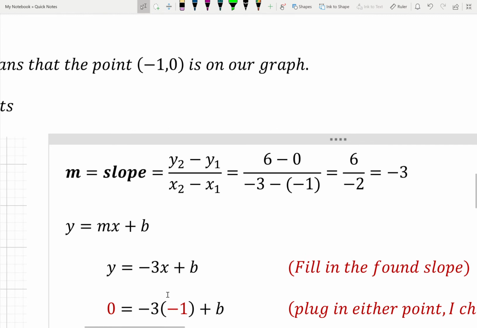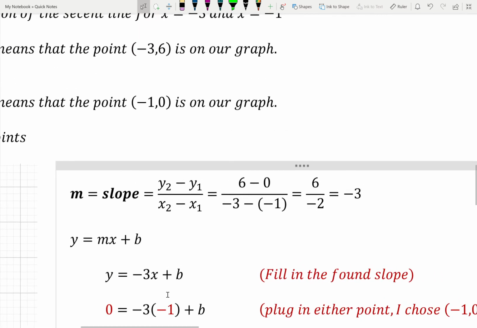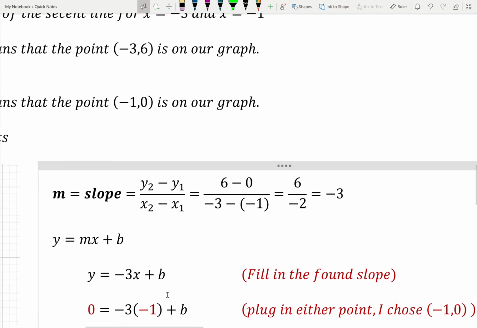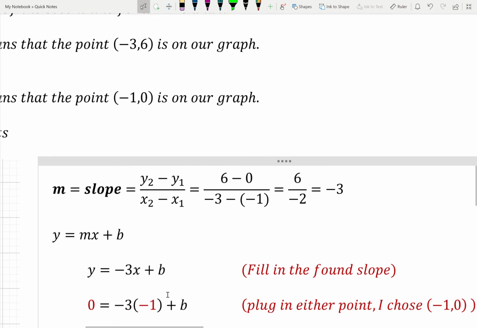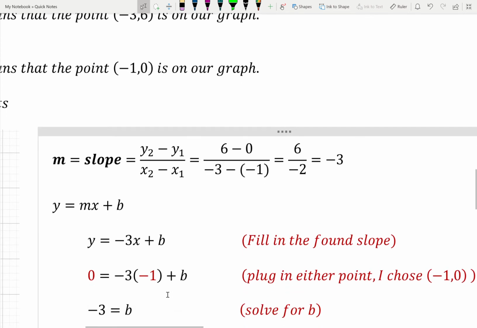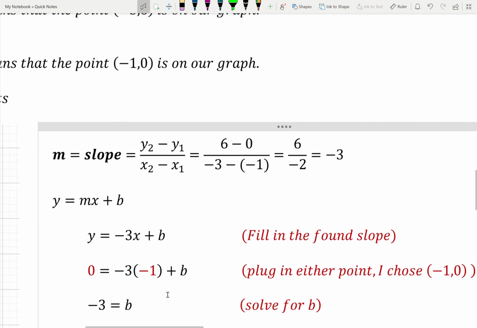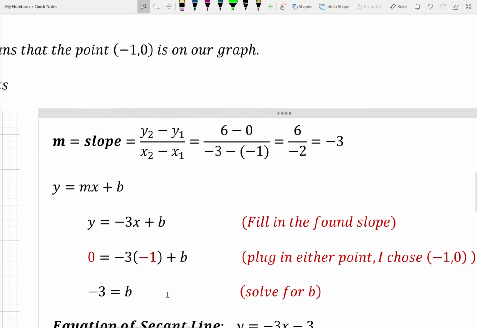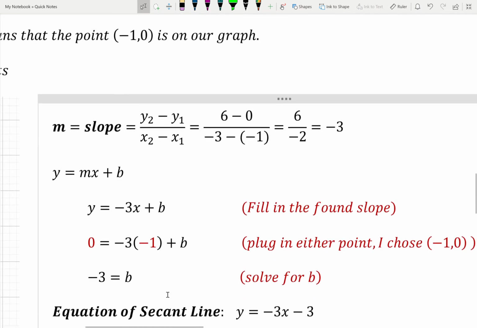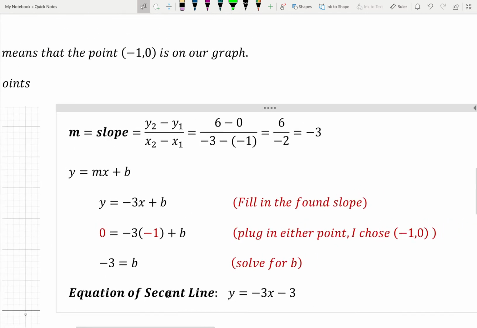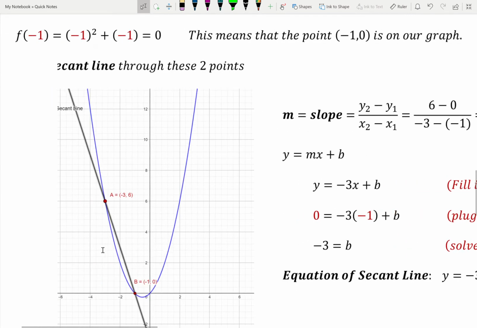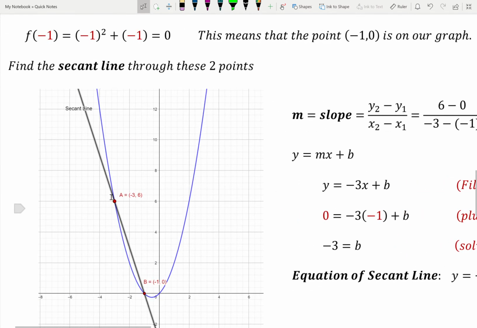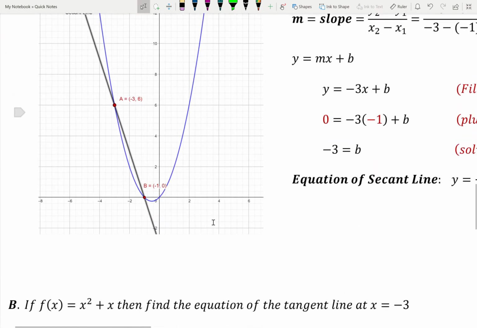I chose the point minus 1, 0, and using that point I just solve for b. I found that b is equal to minus 3. Therefore, the equation of my secant line is y equals minus 3x minus 3. That was very straightforward. They gave us 2 points and we just find the line that goes through both of them. That's all. Okay, let's do the other one.